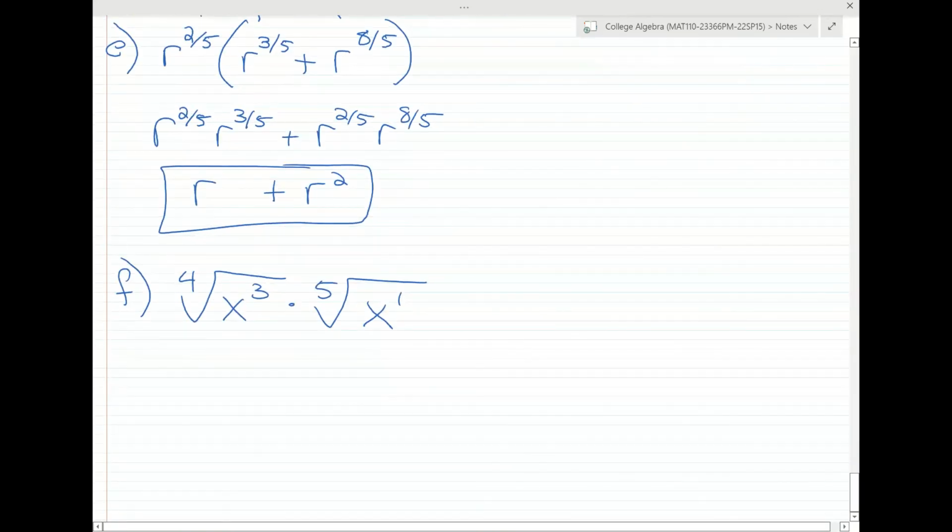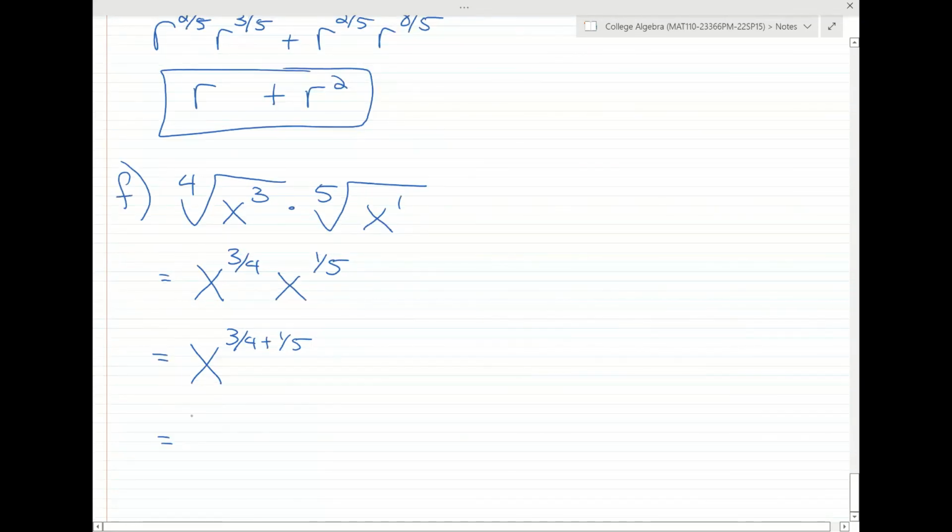So the 4th root of x to the 3rd is just x to the 3/4. The other should be x to the 1/5. Remember, we add them. You would just get x to the 19 over 20, or we could write it using radicals, the 20th root of x to the 19.